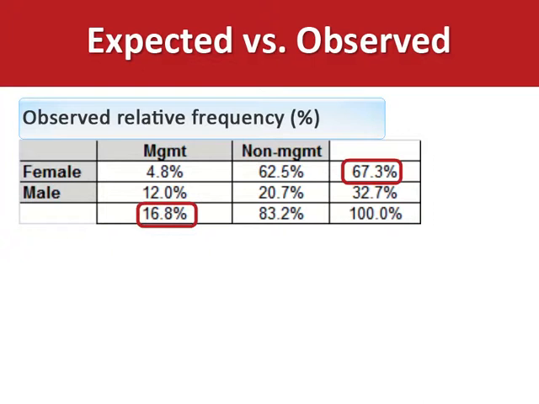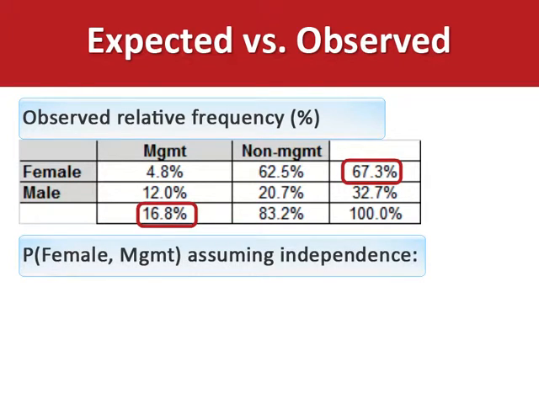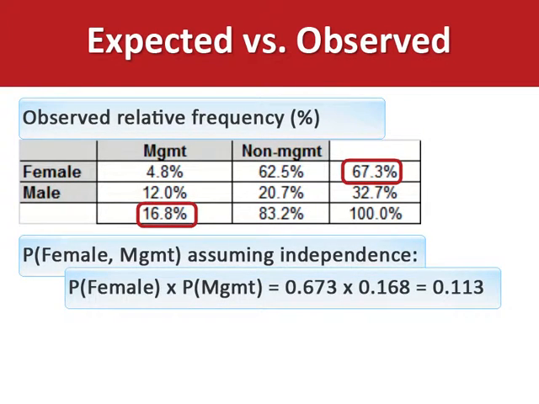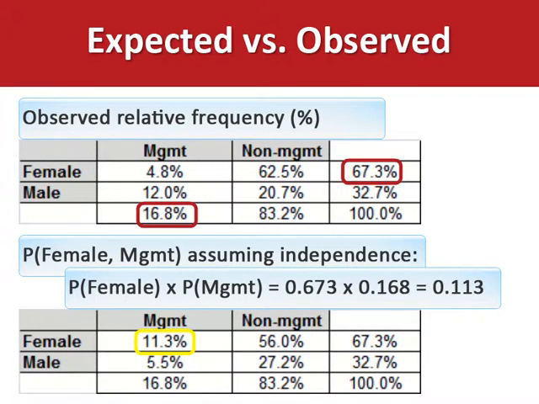So now if we make the assumption of independence, then the probability of being female and management should be 0.673 times 0.168, or about 11.3%. This is our expectation given the assumption of independence.